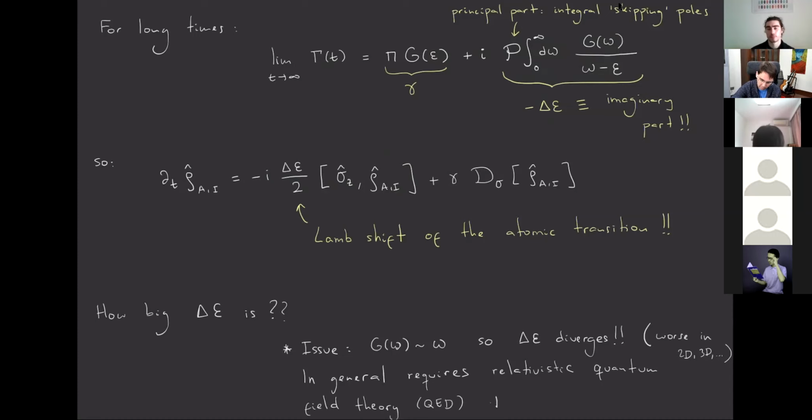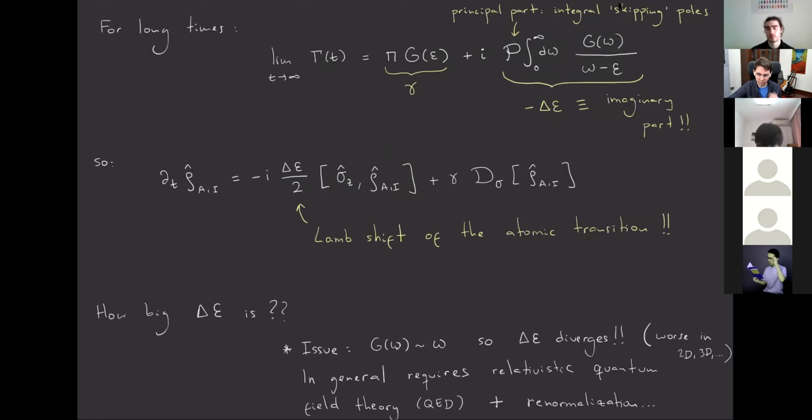You need to also add what is known as renormalization, which is the technique that is used in quantum field theory, and in particular in the standard model, to remove unphysical divergences, such as the one that appears in this lamp shift, okay?